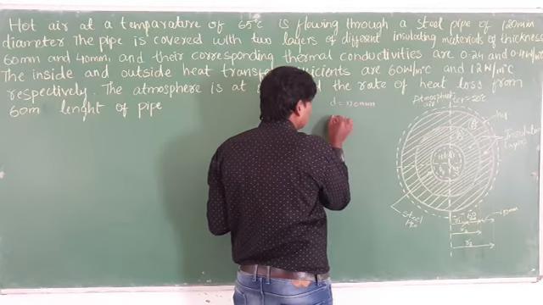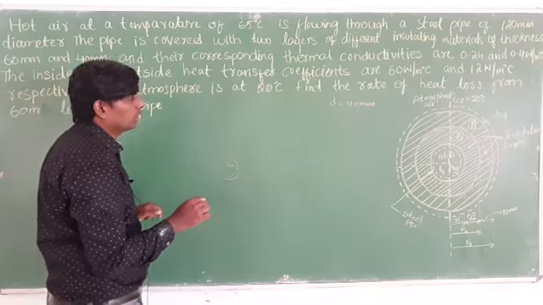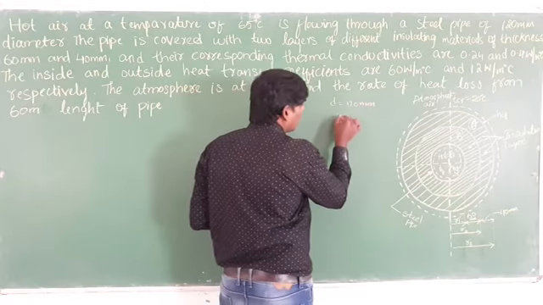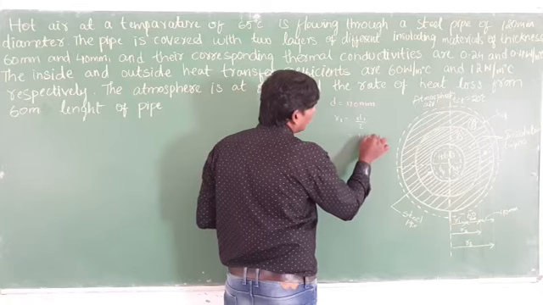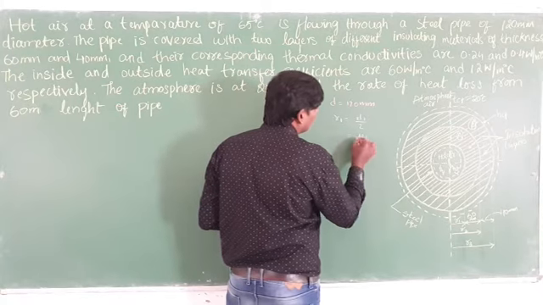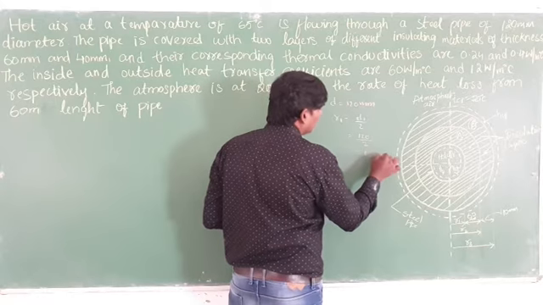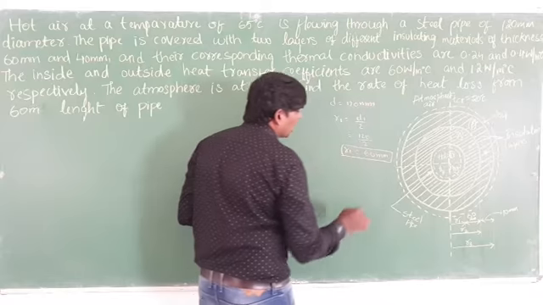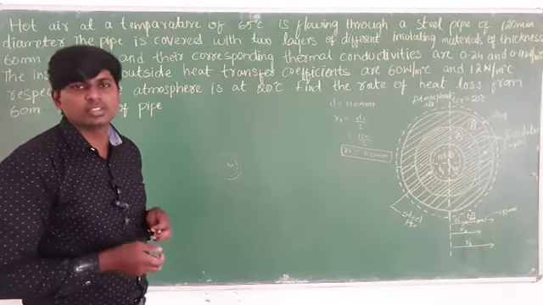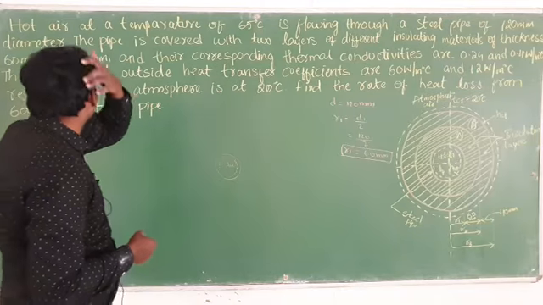After that you have to find the value of R1. R1 is equal to D1 by 2, that is 120 mm divided by 2, which is 60 mm. So here you got the value of R1: R1 is equal to 60 mm.